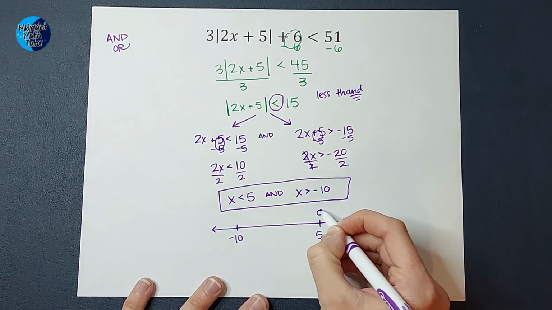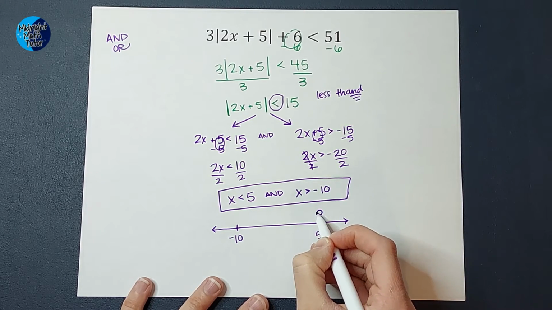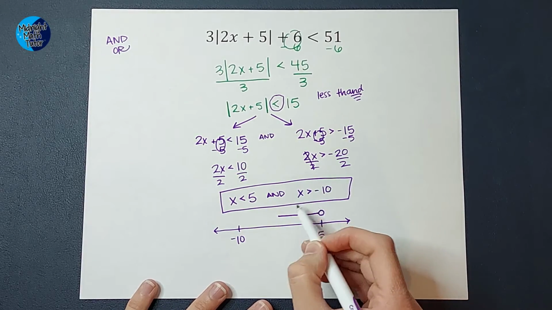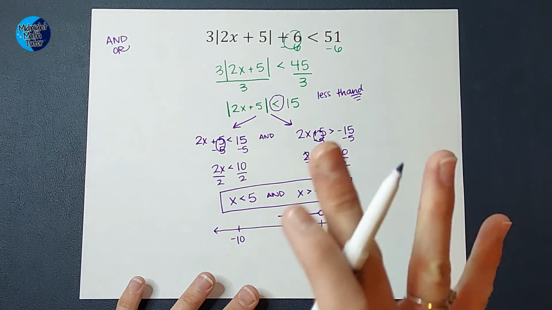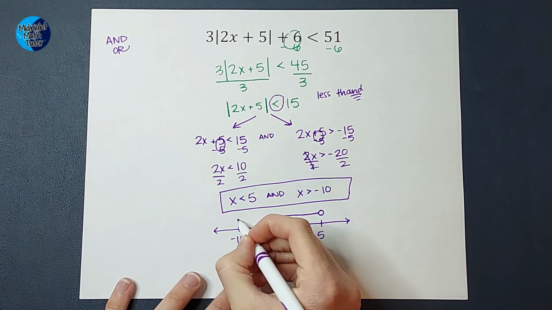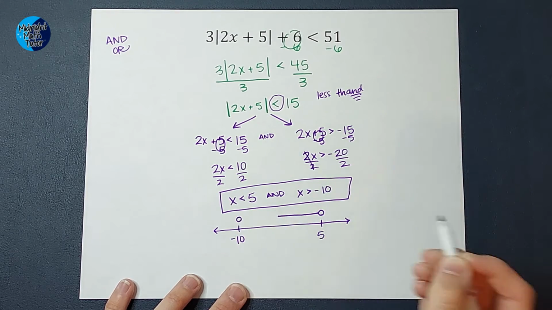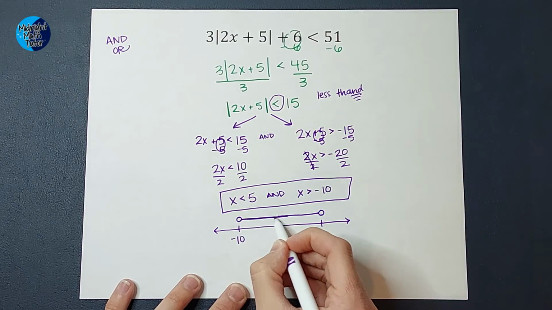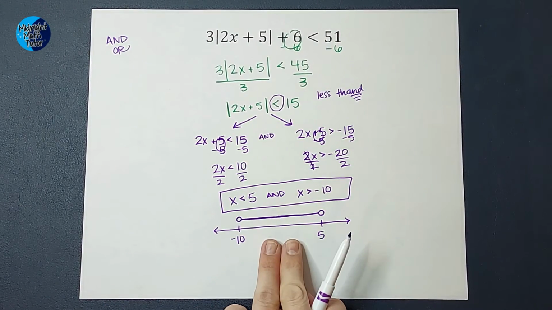Meaning it can't be 5, so I use an open circle. And then I know it's going to be going in this direction, right? Then so x is less than 5 and x is greater than negative 10. So it can't be negative 10, so I use an open circle, and greater than, okay? Meaning any number between these 2 numbers will work.